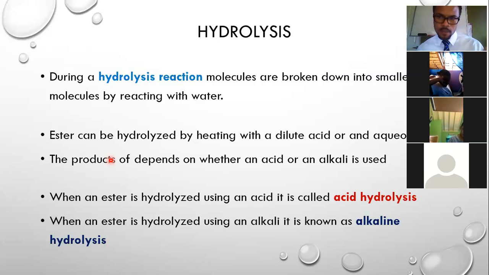You understand what I'm saying? So by knowing how to form it and break it apart, you can use that same process to break apart other esters that might be naturally occurring in the environment to produce different substances. That's basically the best answer I can give you for that.